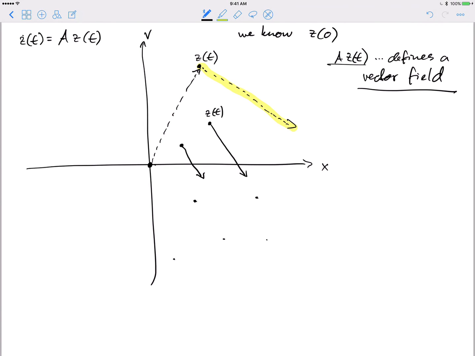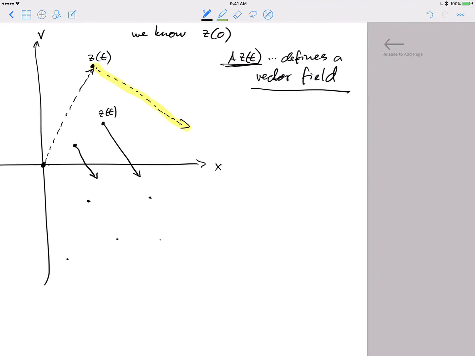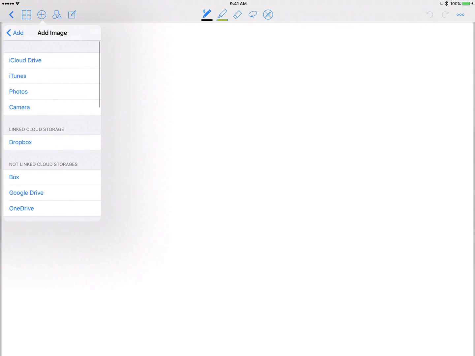This AZT gives me one way how I can compute that vector. There could be other ways too, in general, but we are studying now this AZT case, even for a special A. I have for you a more interesting example of a vector field, just to show that a vector field can be anything.